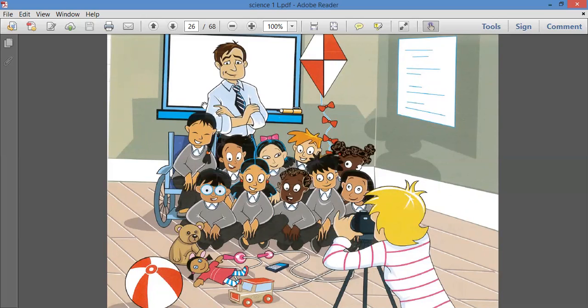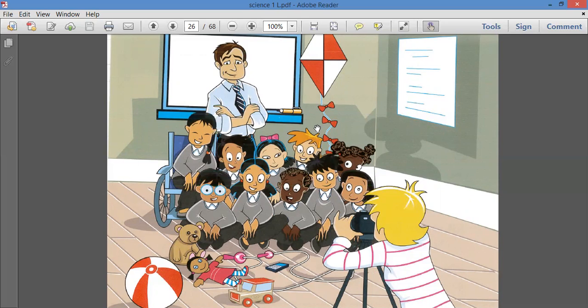What are their differences? First of all, some of them are tall, some of them are short. Some of them have black hair color, some of them have brown, and one of them has yellow.